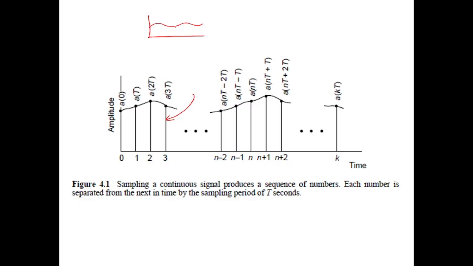These impulse trains are multiplied, and after the multiplication we get these points over a period of time, and then we quantize it to get the digital signals. These digital signals are then processed, and the distance between these two points is given by capital T.